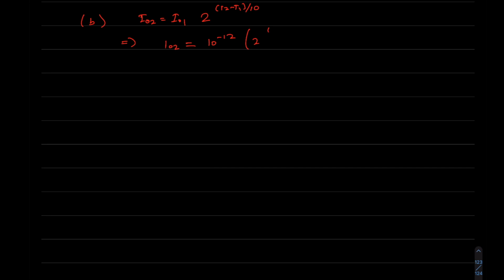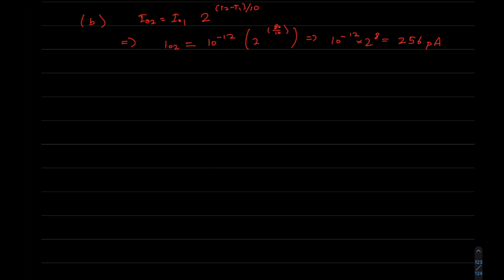So T2 is 100, T1 is 20, which is 80 by 10, right? Comes out to be 10 to the power minus 12 multiplied by 2 to the power 8, which is 256 picoampere.